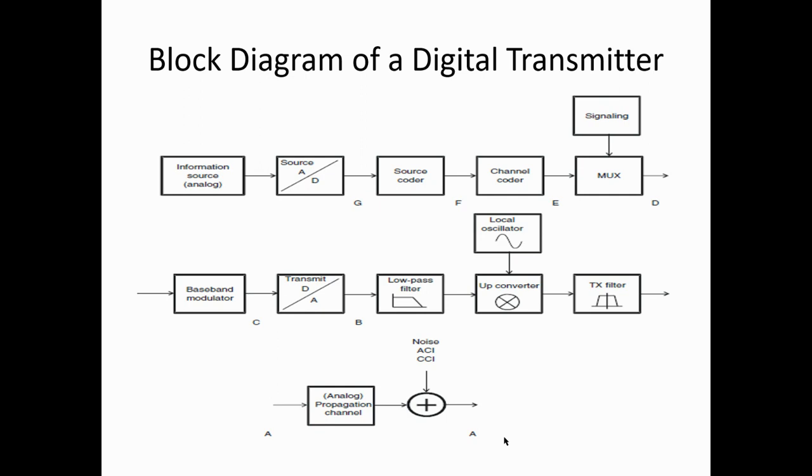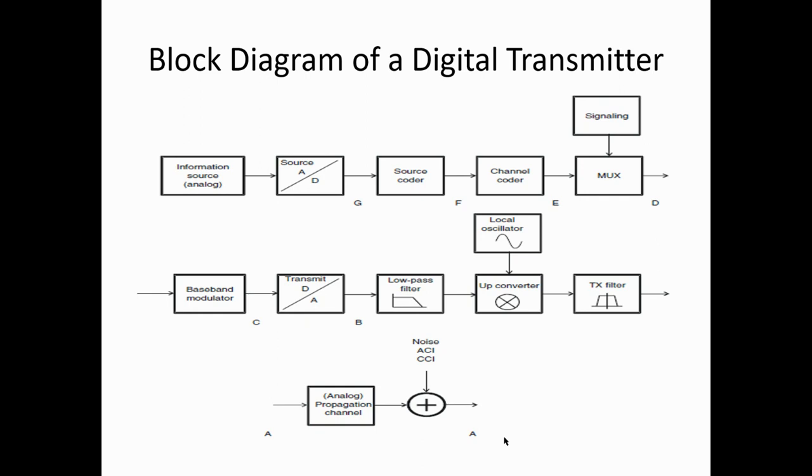As the signal moves to a higher frequency, the size of the antenna is reduced. If you are using a lower frequency, the size of the antenna has to be increased. So for our convenience, with the help of modulation, we are increasing the frequency of the signal. That's also one functionality of the modulator. So it first maps the bits into symbols, and secondly, it converts the signal to a higher frequency signal with the help of the carrier.